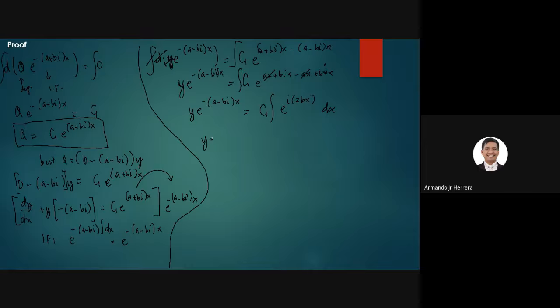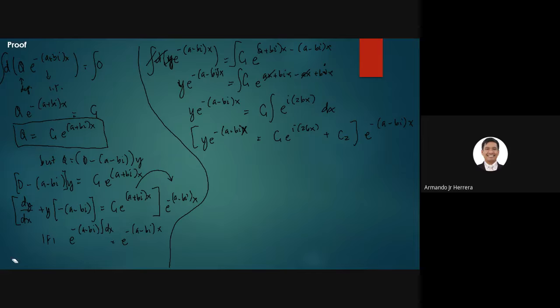So this is y e to the negative (a minus bi)x equals, of course, c1 e^(i2bx) plus our constant of integration c2. So to solve for the value of y, multiply natin by negative quantity (a minus bi)x. Of course, I forgot to enclose that there. So be careful dun sa ini-enclose natin, ha?